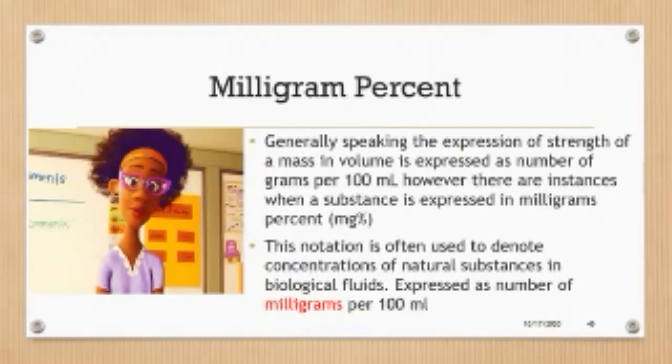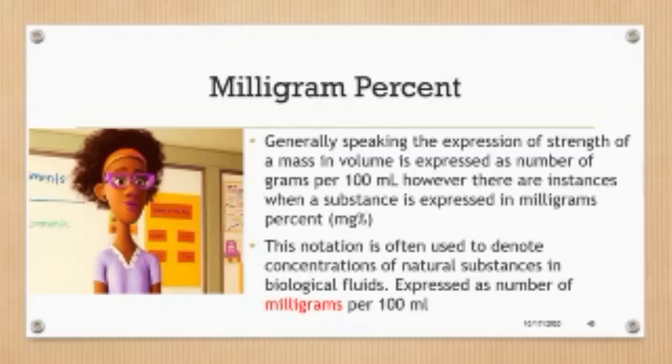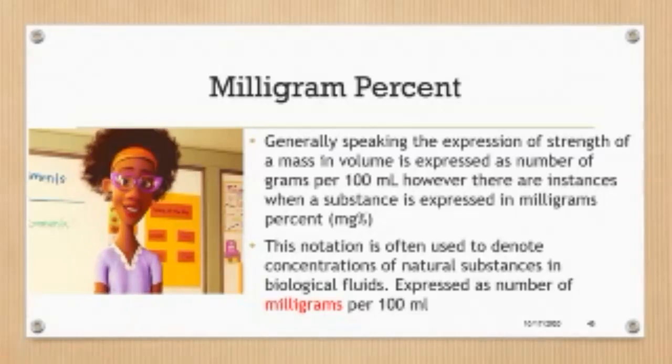So we're looking at milligram percent, and we're not going to stay long on this because it's fairly straightforward. It is speaking to the strength of a mass in a volume expressed as the number of milligrams per 100 parts. And it's usually used to express the concentration of natural substances in your biological fluid.